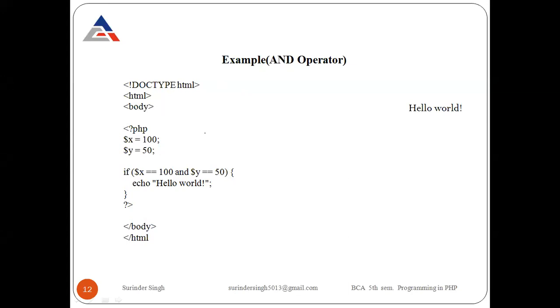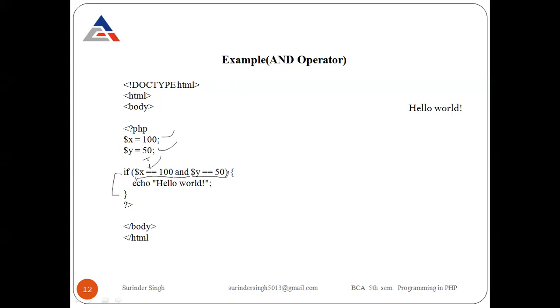Okay, now we will see this example. Here we are using the AND operator. X has value 100 and y has value 50. When we use this in an if statement, these are two conditions. We are checking x equal 100.